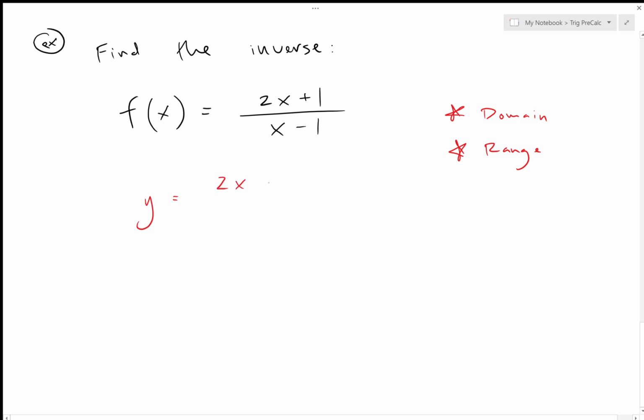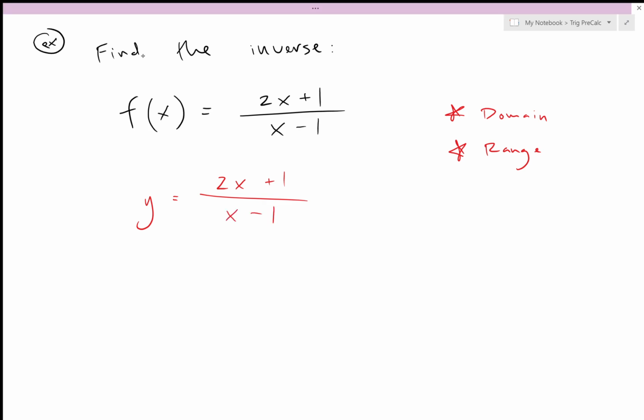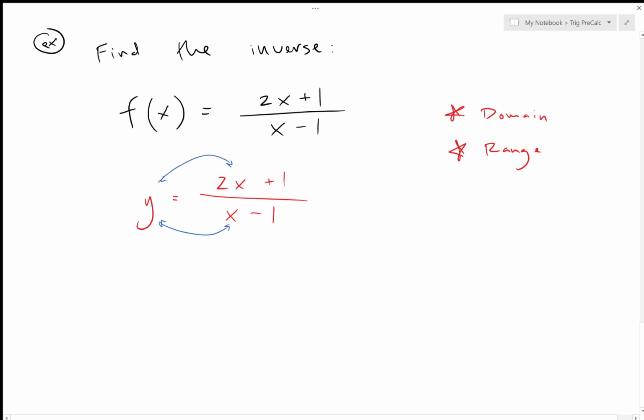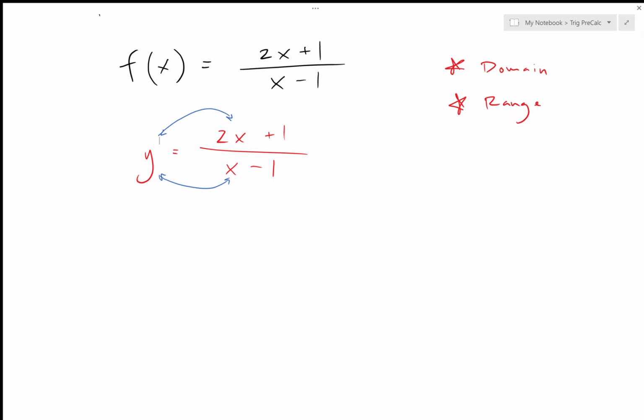So I'll just rewrite that. Next step, take x and y and switch them. But if you notice, I've got two x's. So meaning when I switch them, I'm going to end up with two y's. So x equals 2y plus 1 over y minus 1.